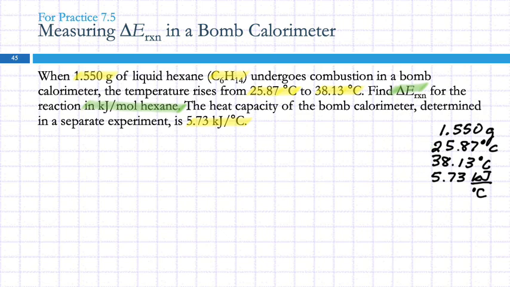We have an initial and a final temperature, right? Goes from this one to the other one. So we could calculate delta T. Is that the change in temperature of the reaction or of the calorimeter? That's the calorimeter, right? We're doing this in the bomb calorimeter, and the temperature rises from here to here.